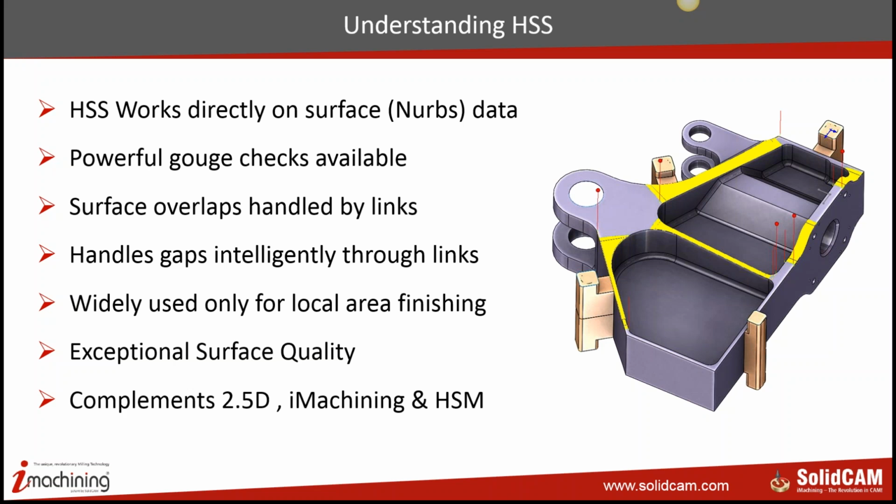However, when you're machining a NURBS surface, it's a different ball game altogether, because you're using the sphere and you are checking the collision against every point on the surface. So it's a much more complex situation. In spite of that, some amazing and powerful gouge check options are available inside HSS. We are going to see a few of them today.